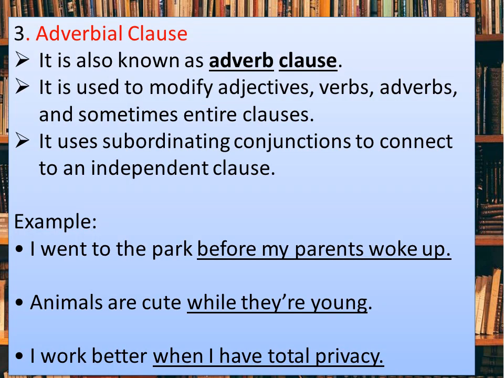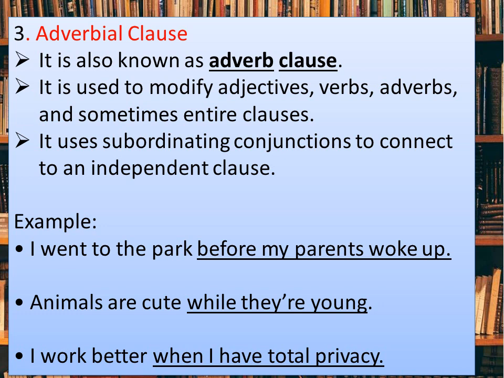And the last one is the adverbial clause. It is also known as an adverb clause. It is used to modify adjectives, verbs, adverbs, and sometimes entire clauses. So it functions similarly to a normal adverb. Okay?